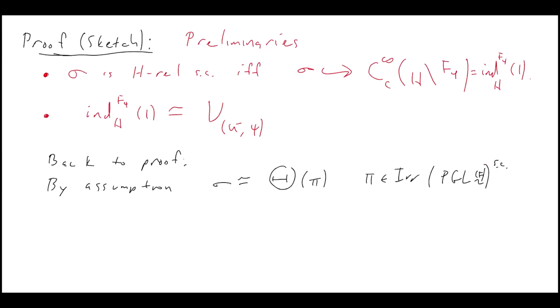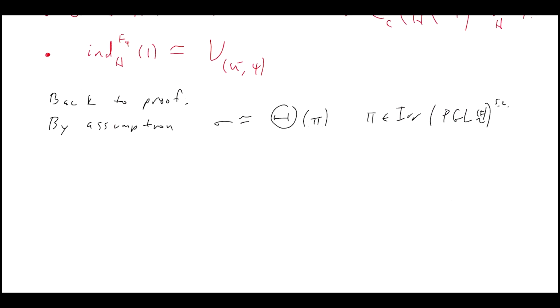We want to get this involved with the minimal representation. And so we also know that the minimal representation surjects onto pi tensor big theta, and this big theta is just sigma.